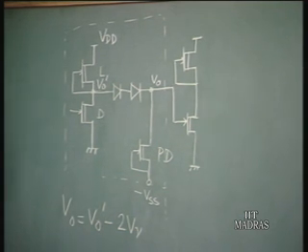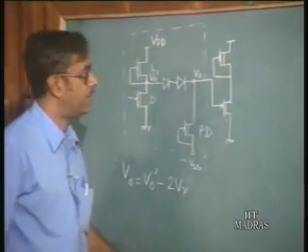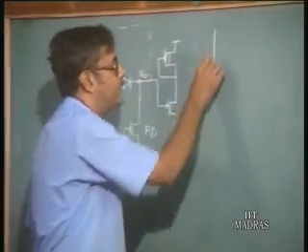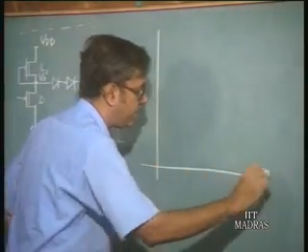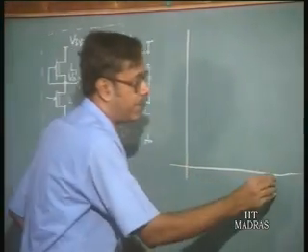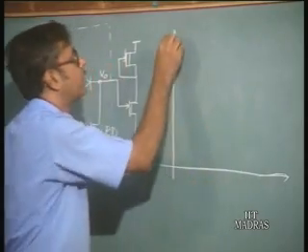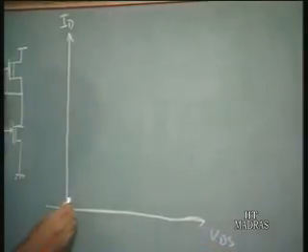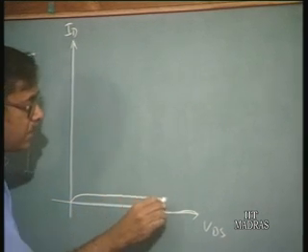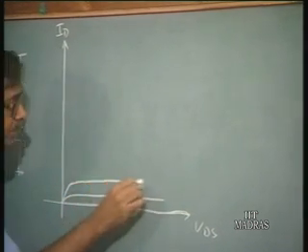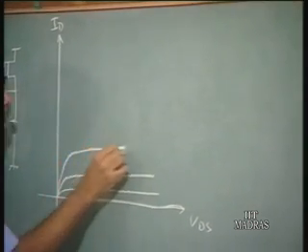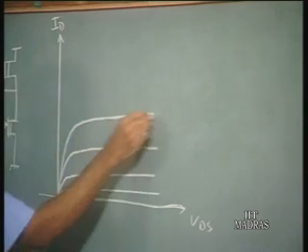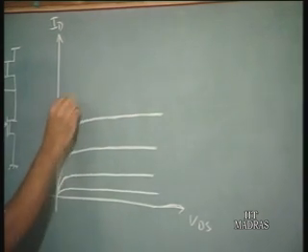Now, how do we find out the input output characteristics of this inverter? Again we follow the same procedure, that is we can do it graphically by drawing the output characteristics of the driver device. So we draw ID versus VDS for the driver device, and then we have to draw the load line, as usual, to find out the input output characteristics.